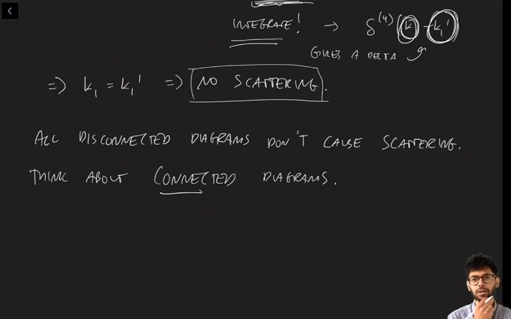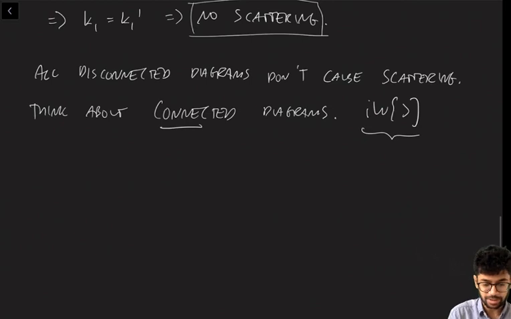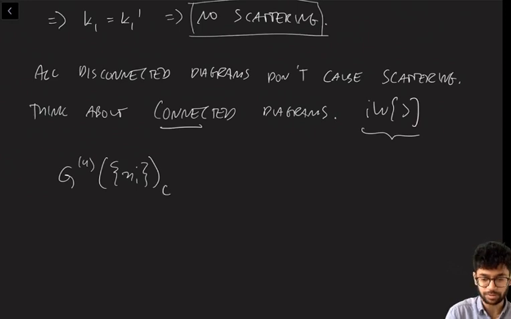Now, if you recall, we actually know how to do that in a very nice way. We introduced last time this object iW of j, which was the generating functional of connected diagrams, not disconnected ones. So what all this means is we should use this when calculating scattering amplitudes. In the LSZ formula, we should think only about the connected 4-point function, which I will denote like this with a subscript c, where c here is for connected.